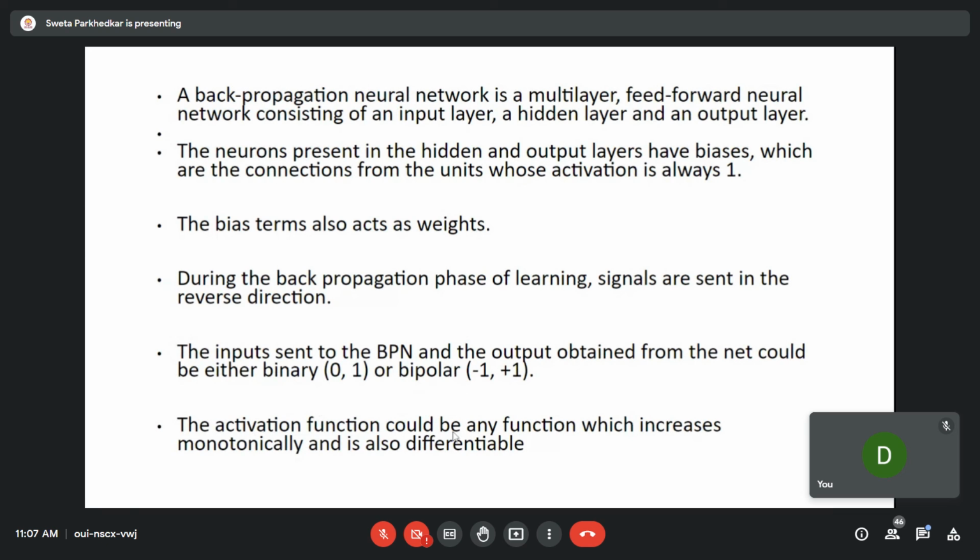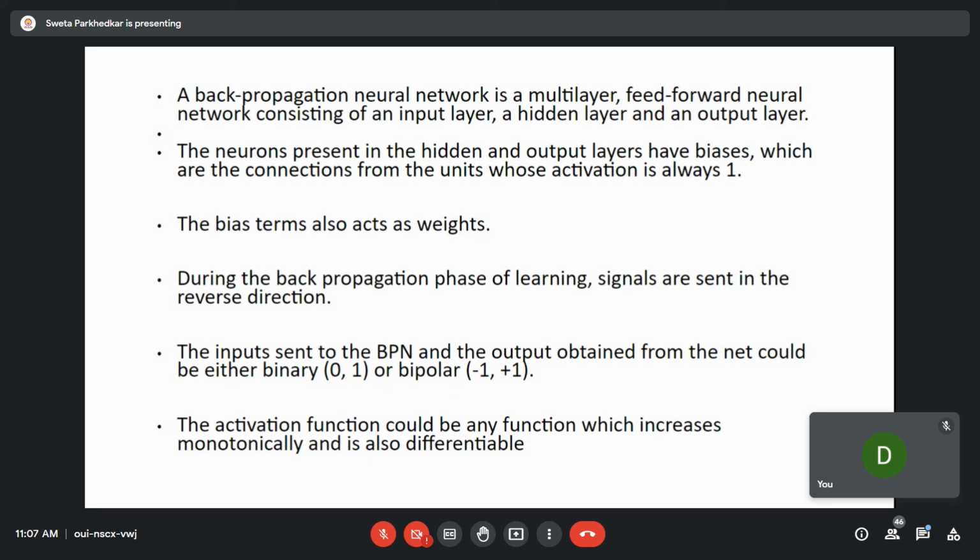So the activation function could be any function which increases monotonically and is also differentiable. And the activation function that you can use, it can be a sigmoid, it can be binary, bipolar. Okay. So this was for back propagation.